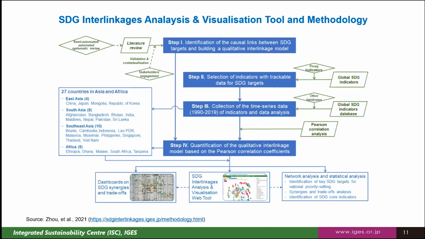At IGES, we developed a methodology and a tool to analyze and visualize the SDG interlinkages. The methodology includes 4 steps. Step 1 is to identify the causal relationships between relevant SDG targets and build a qualitative SDG interlinkage model.